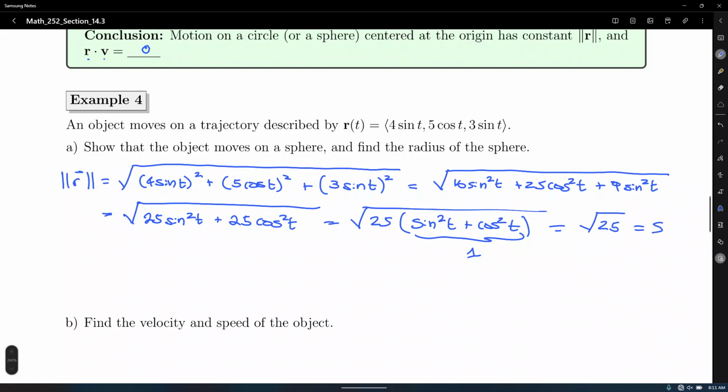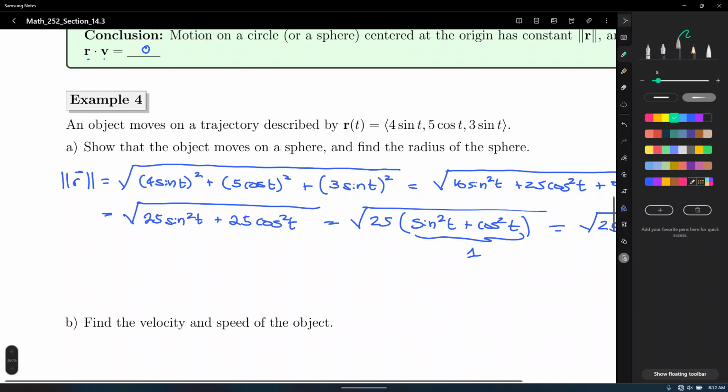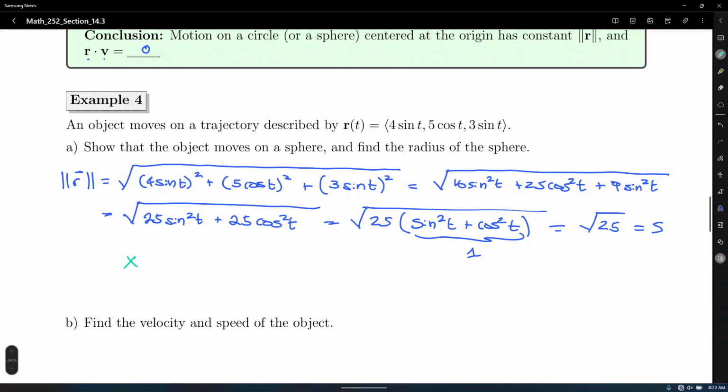Well, actually, this is just good enough to show that this object is moving on a sphere. How? Let's recall the equation of a sphere. The equation of a sphere in its generic form is given by x squared plus y squared plus z squared equals r squared. If we take the square root on both sides to solve for r, that's the square root of x squared plus y squared plus z squared.